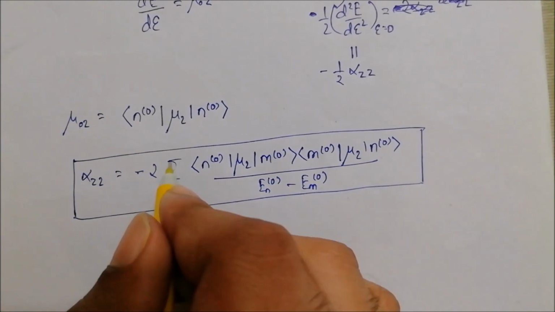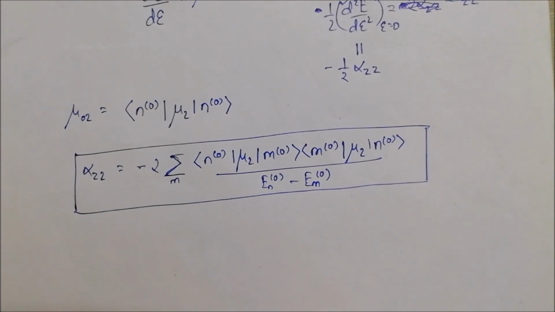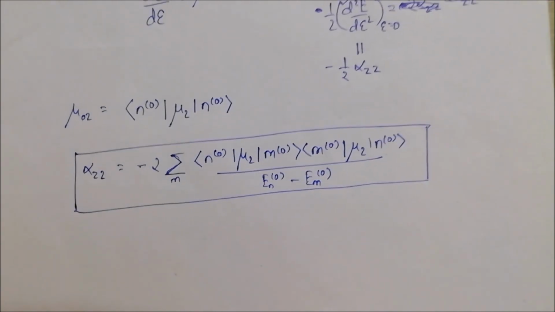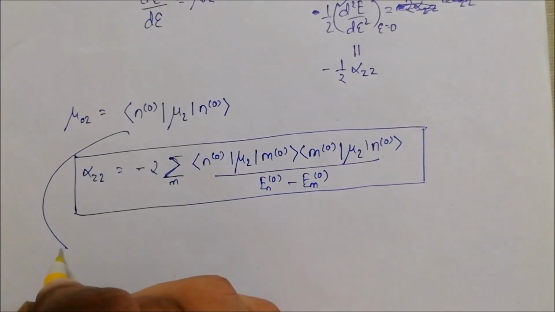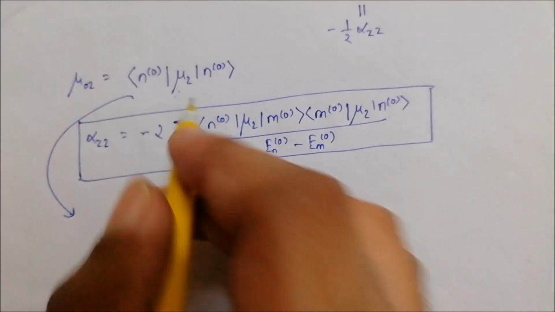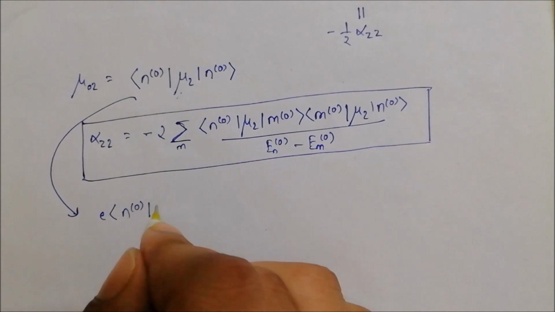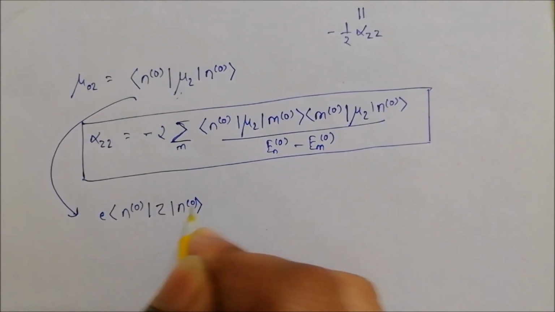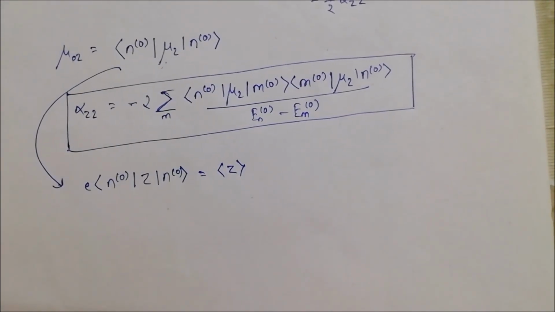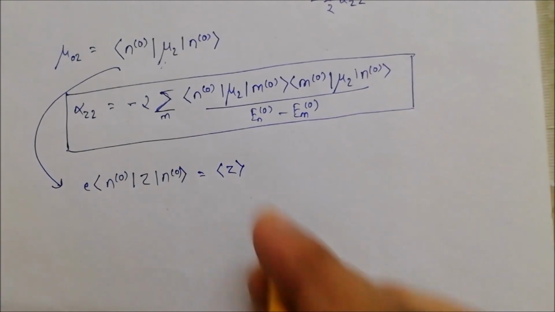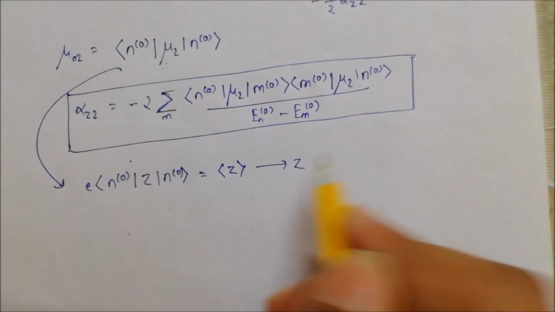It seems like it's not that special, but okay, let's first evaluate this one. So what's this? This is nothing but mu z, which is just e into z. So this turns out to be the expectation value of z in the eigenbasis of the previous undisturbed Hamiltonian. So this kind of expectation value transforms like z.